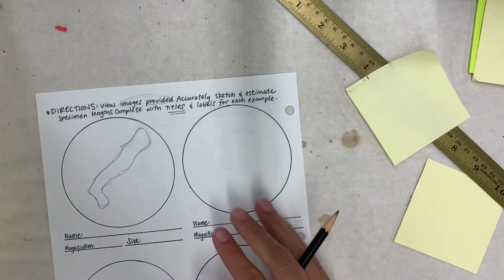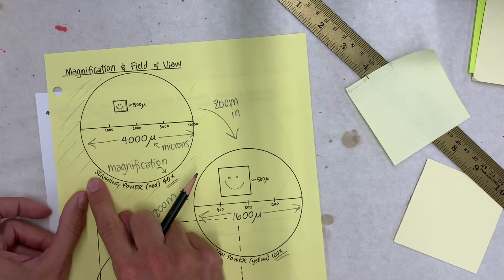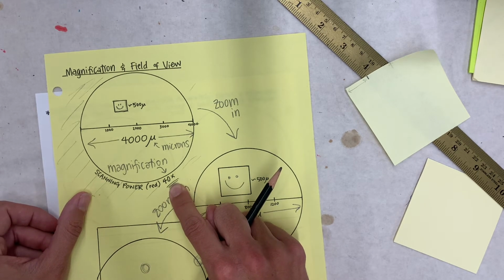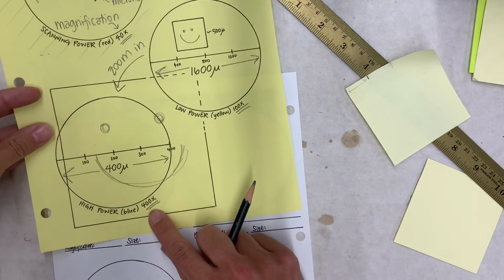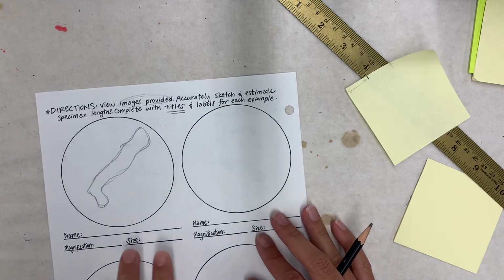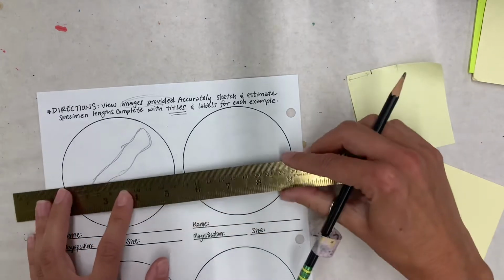Your magnification, which you can look up. If it says the specimen is being viewed on scanning power, the magnification is here 40 times. If it's on low power or high power, that is also noted on your yellow handout. The size is the estimate. That's what we've been practicing. You draw your straight line across.